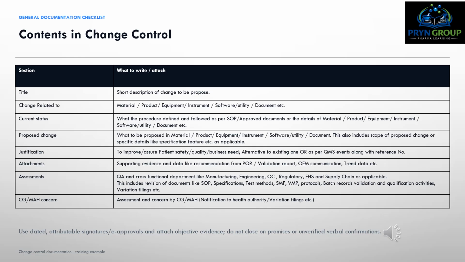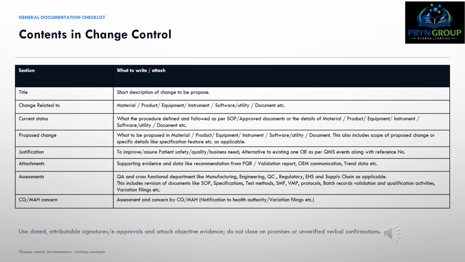Then the current status: here we give the procedure defined and followed as per SOP number so and so or the approved documents, or the details of the material, product, equipment, instrument, software, utility, etc., along with the practices, specification or details currently followed or available.